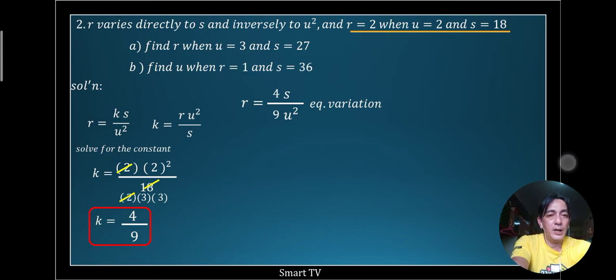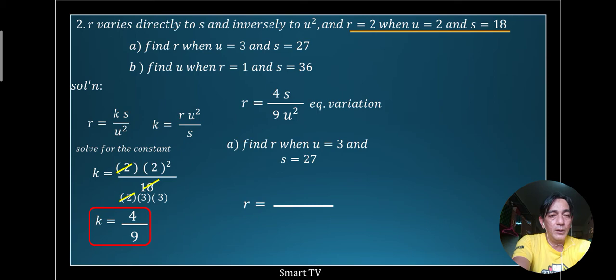Now, let us find R when U is equal to 3 and S is equal to 27. So, R ang hinahanap, yung equation of variation natin ay nakapwesto sa R. So, wala na tayong babaguhin sa equation of variation. Substitute na lang natin yung mga given. R now is equal to 4. Tapos yung S natin, 27. Copy the 9, and then U squared will be 3 squared.